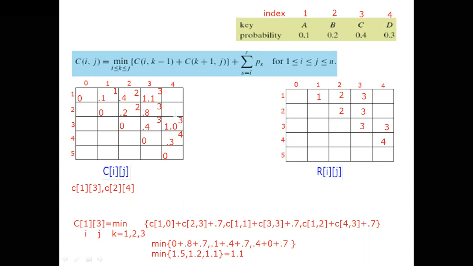I will write here 3. Please calculate this value, I'm not calculating that one. I hope you are clear with that. It is 1.4 and due to which k? It is 3. I will write it as 3 there.